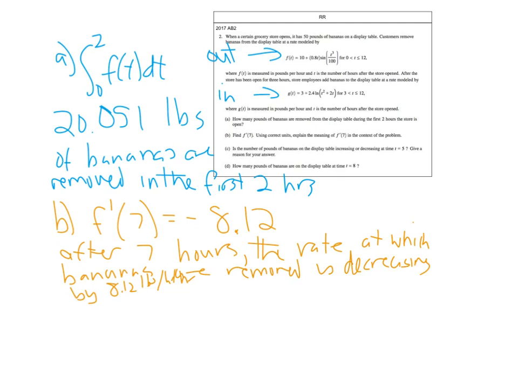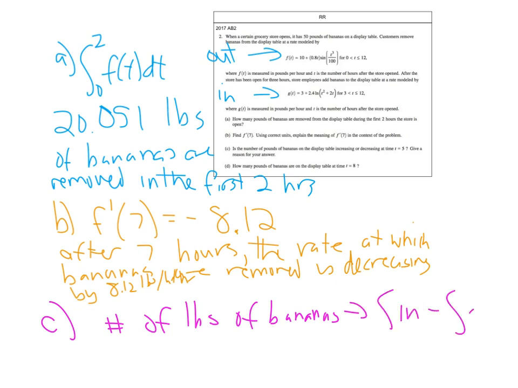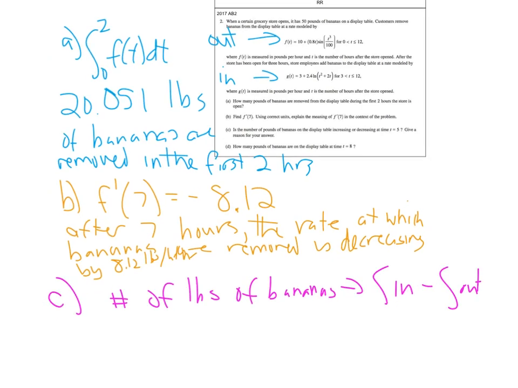Is the number of pounds on the display table increasing or decreasing at t equals 5? So the number of pounds of bananas is going to be the integral of in minus the integral of out. That's just kind of for me.